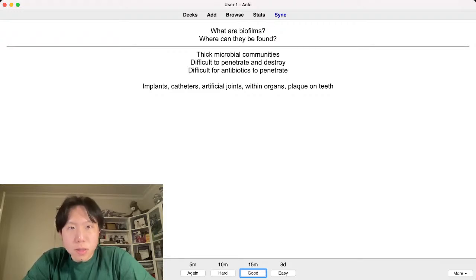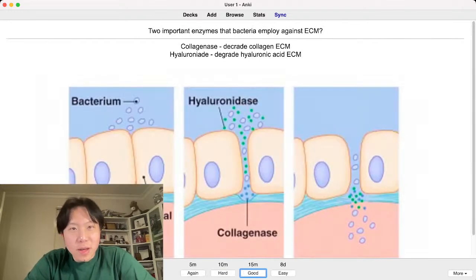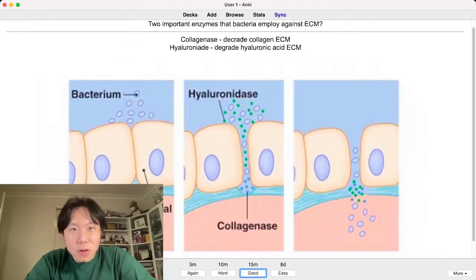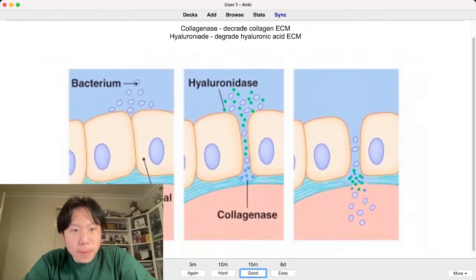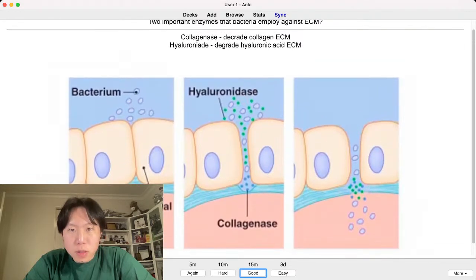Catheters, implants. Is that important? Two important enzymes. Oh, this is good. I don't remember that. Collagenase, hyaluronidase, collagenase. So it's down here. Hyaluronic acid.